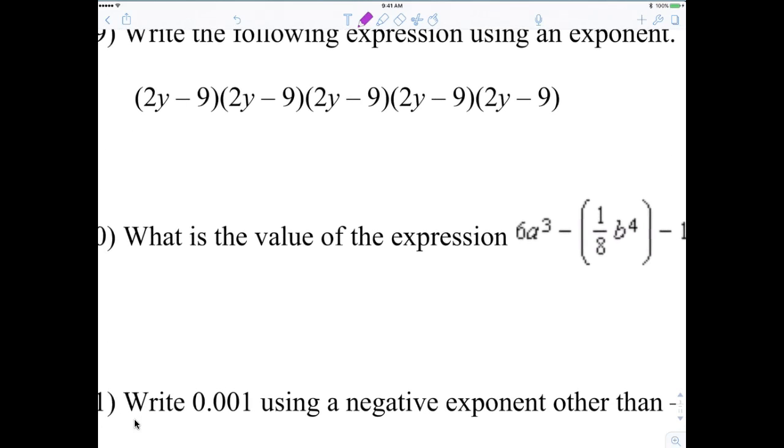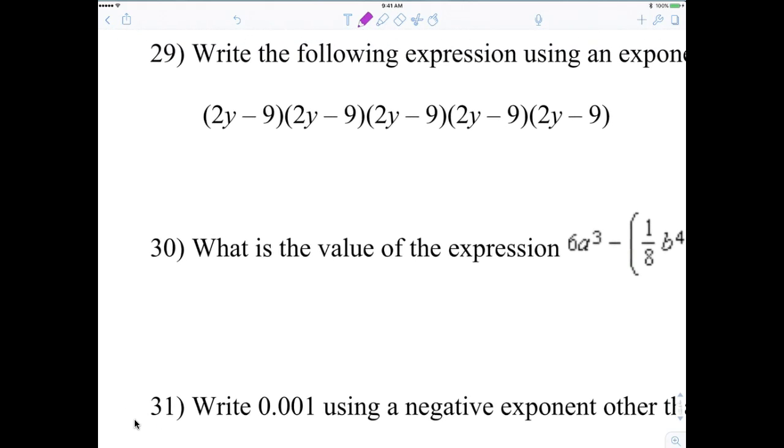All right, so how would I write that as an exponent? Colin, what do you think about 29? Since all of them are the same, we put them in parentheses, and then we do the exponent. Yeah, so what's the exponent? The exponent. Well, but in this case, how many 2y minus 9s are there?